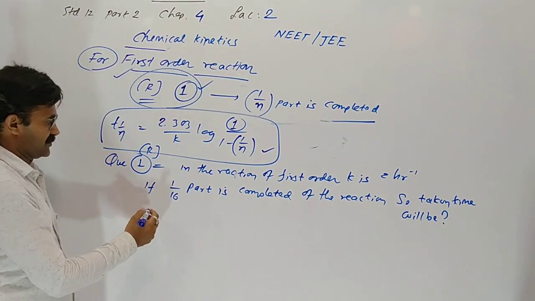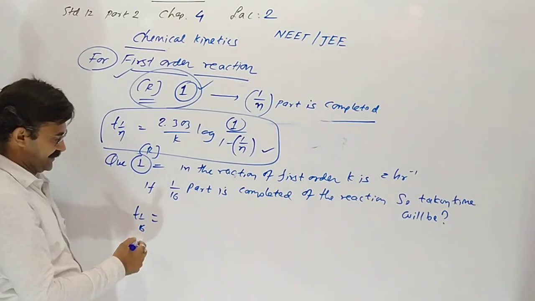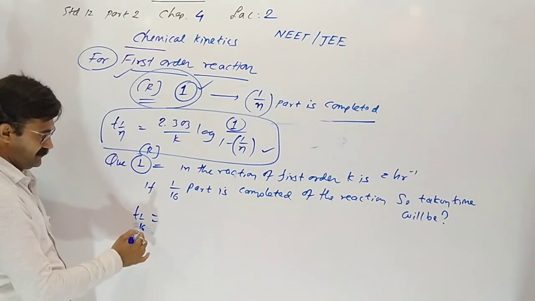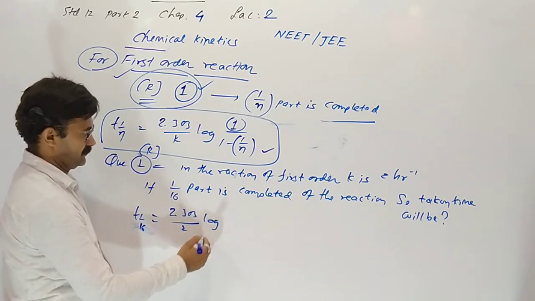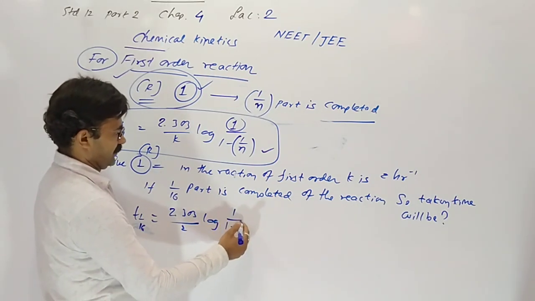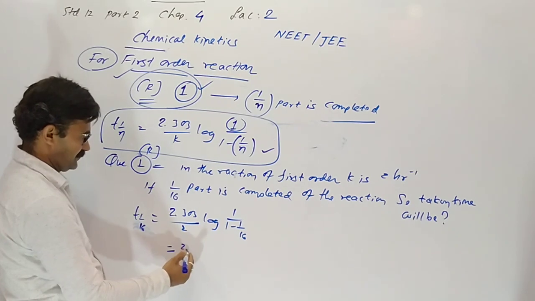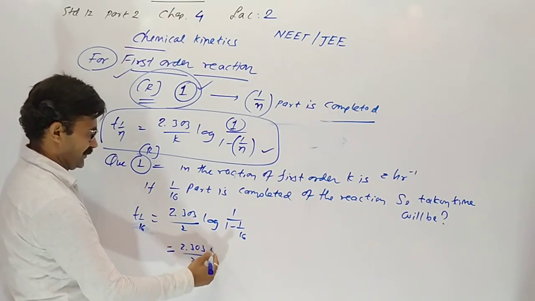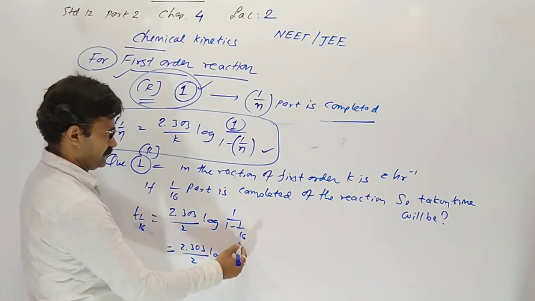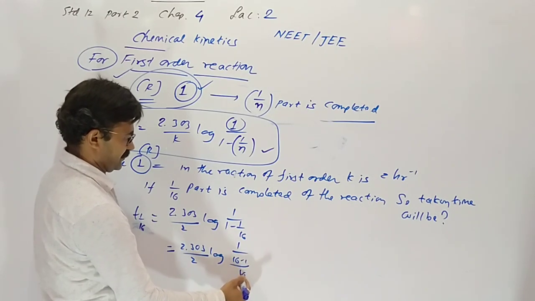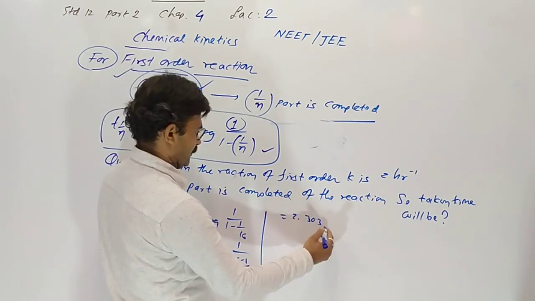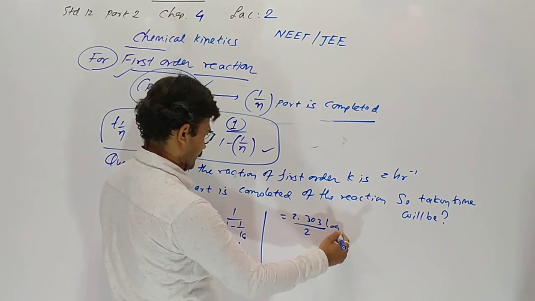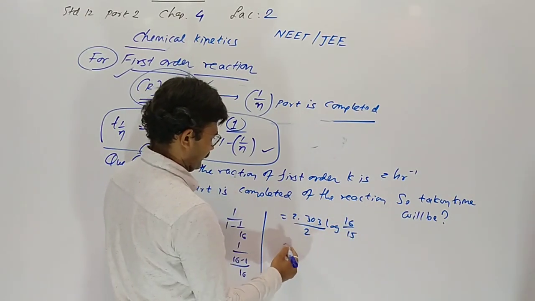We can derive t1/16. So 2.303 by 2 log 1 upon (1 minus 1/16). So 2.303 by 2 log 16 by 15.